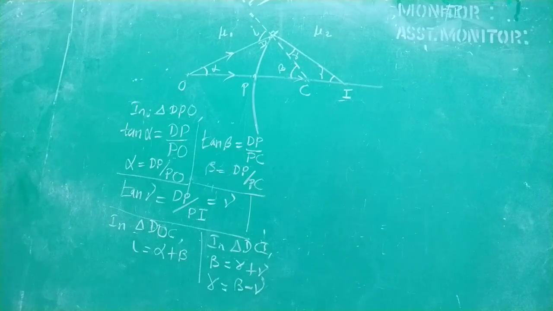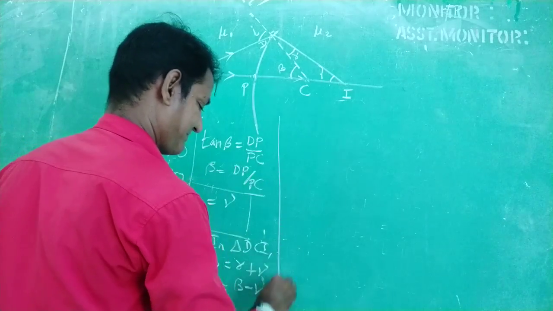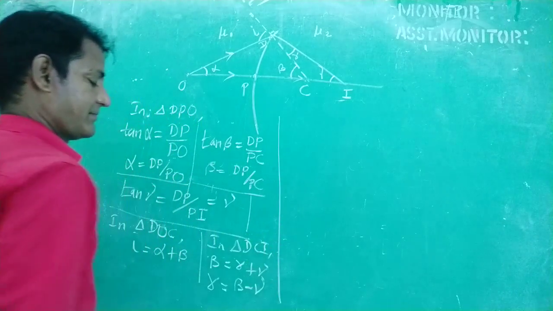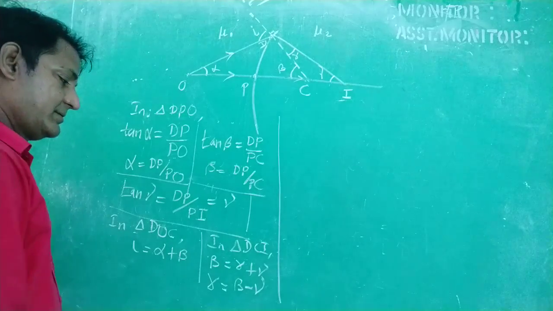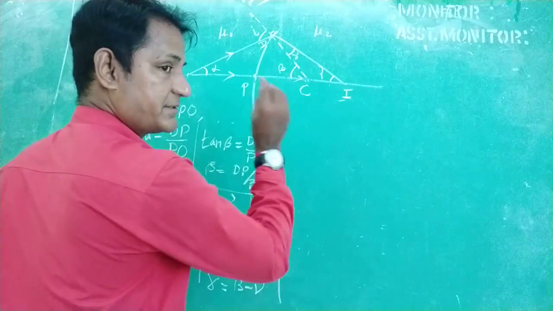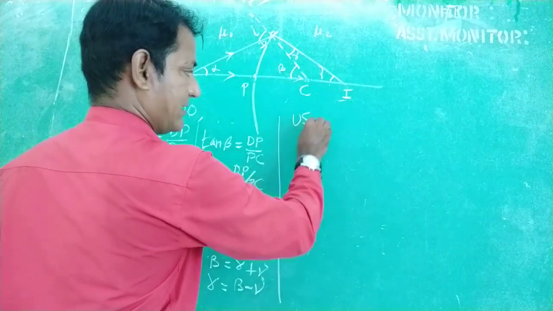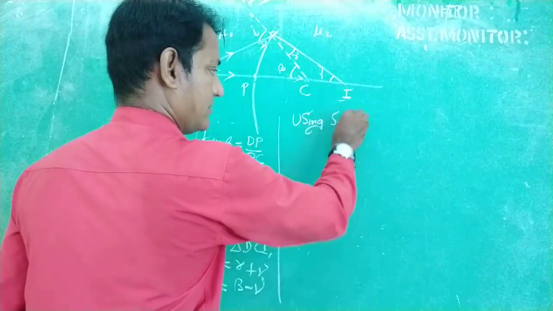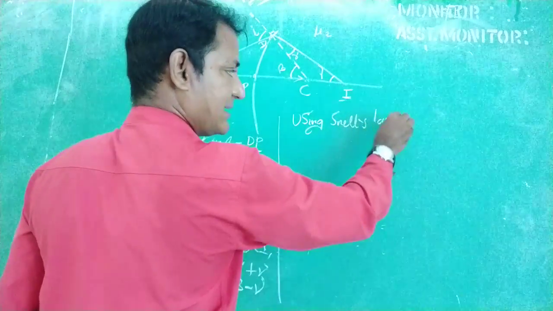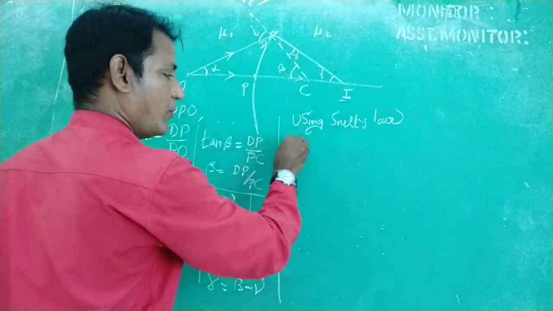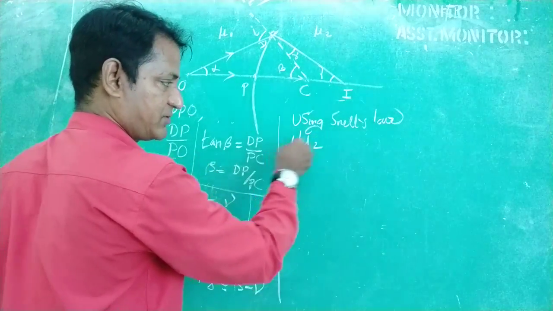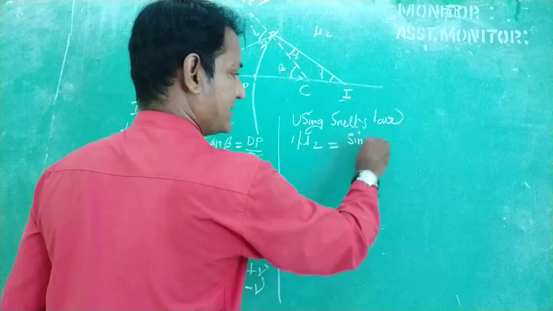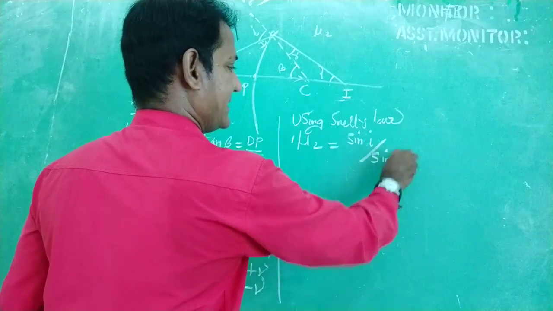Now I am going to find an equation using Snell's law. You know Snell's law, 1mu2, the refractive index of the second medium with respect to the first medium, is sin i by sin r.